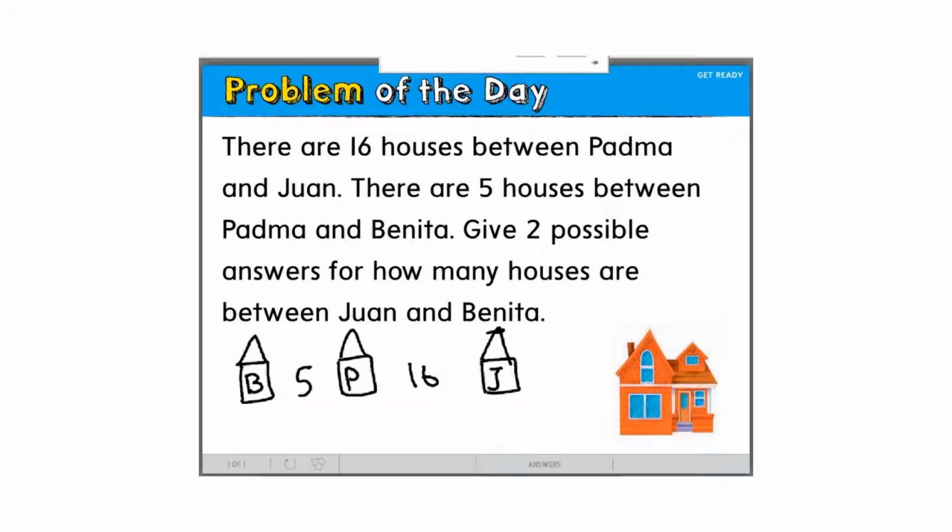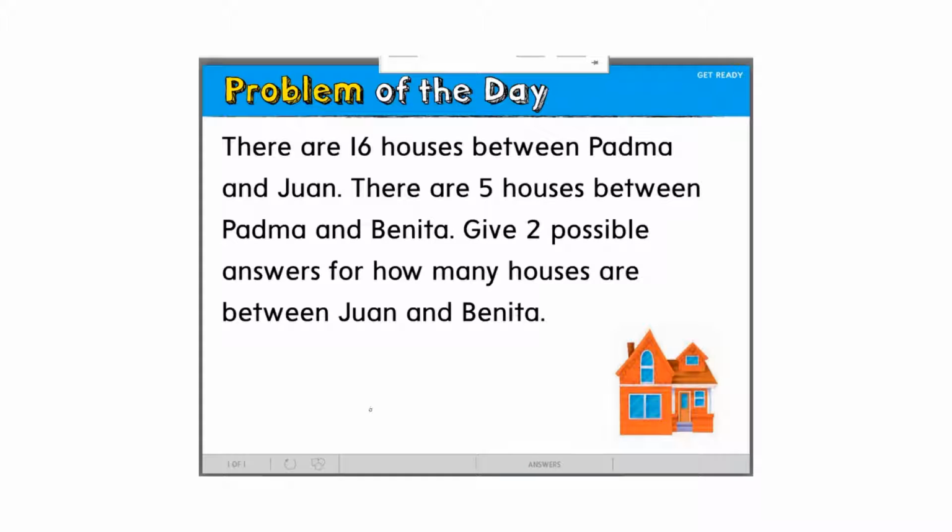Then how many houses would be between Juan, which is way over here, and Benita, which is way over here? You have 5 here, 16 here, which is 21, but then don't forget about Padma's house because she's in the middle. So that's 22 houses. That would be one of your answers.